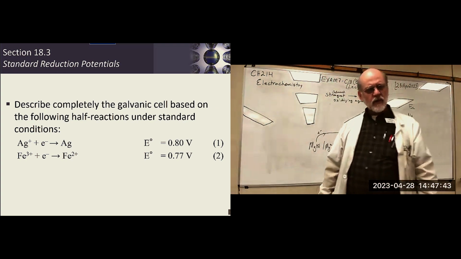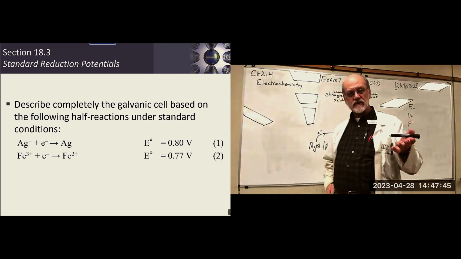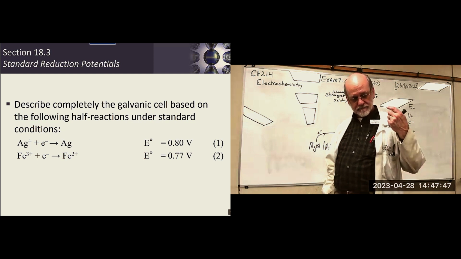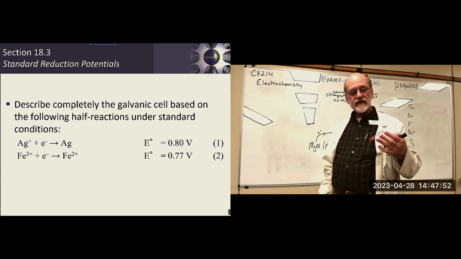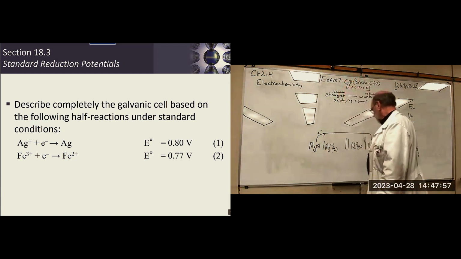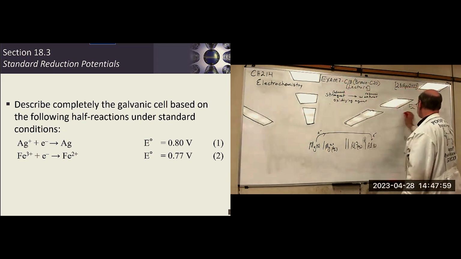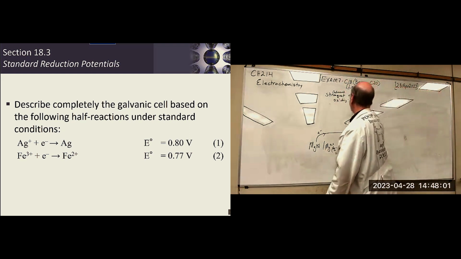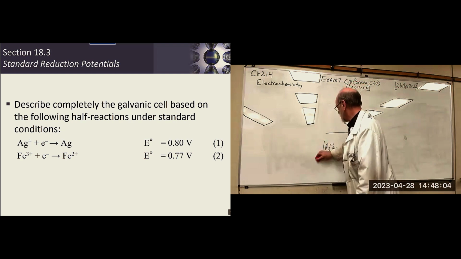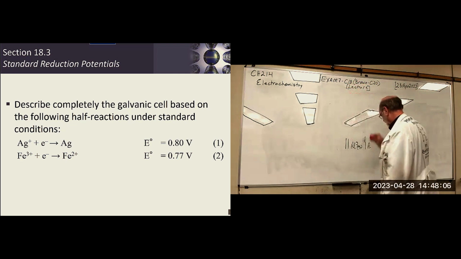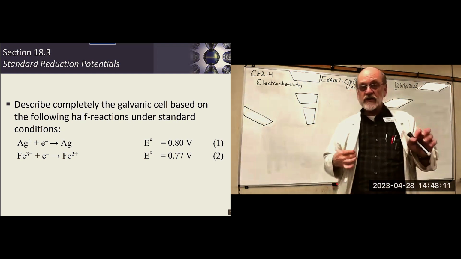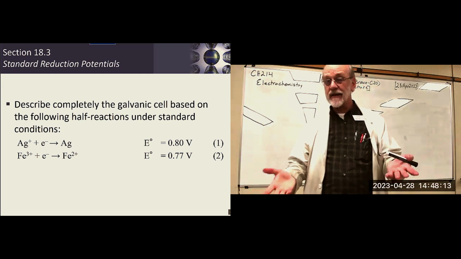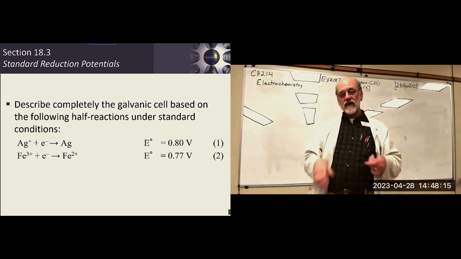Okay, so here we have two half-cell reactions, reduction with their reduction potentials, and we need to discover which one's the cathode and which one's the anode. All right. So they're written as reduction potentials now, so we can't add them together yet. One of them has to be an anode and the other one has to be a cathode.